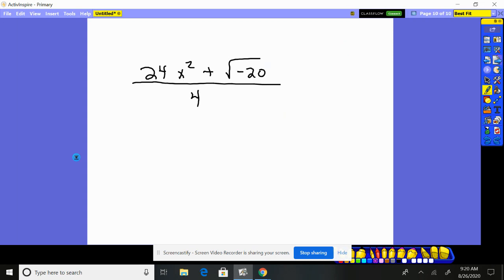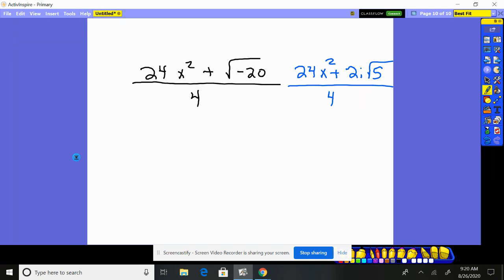All right, final problem here. 24x squared plus the square root of negative 20, all divided by 4. Well, if we write this out, we have 24x squared, and the bottom has a 4. What about the square root of 20? Well, that's going to simply be a 2. The i, the negative 1, comes out, and a 5.